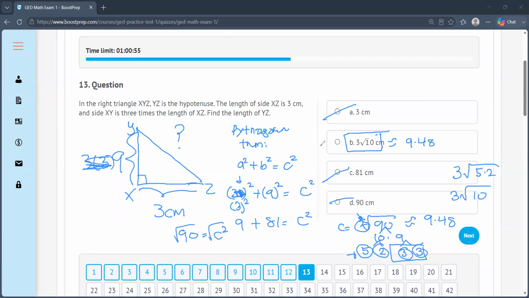So it's B. Okay, so that is letter B. Let's move on.